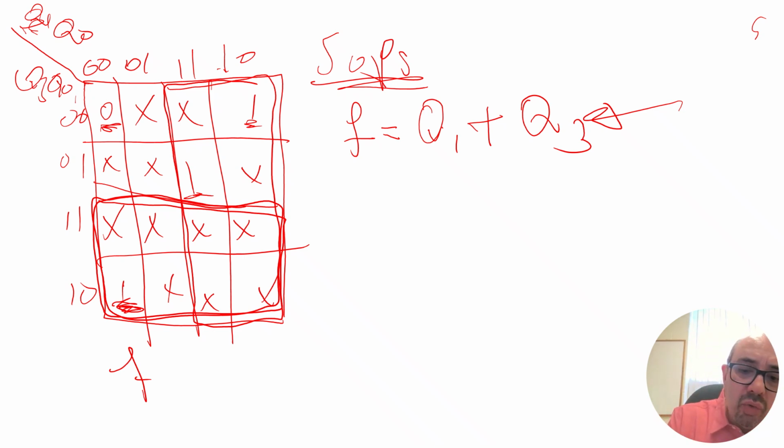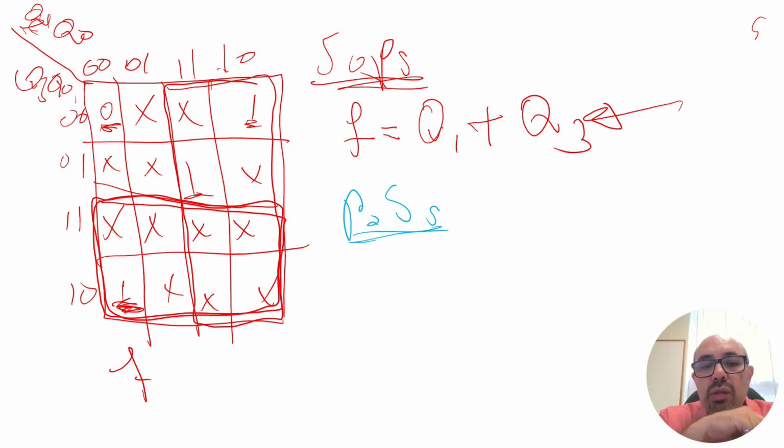Now let us try to do the same thing by using the product of sums. If I am using the product of sums, I will use zeros instead of ones. And if I'm using zeros, I have only this 0. Can I group this 0 with everything else, as a group of 16 cells?